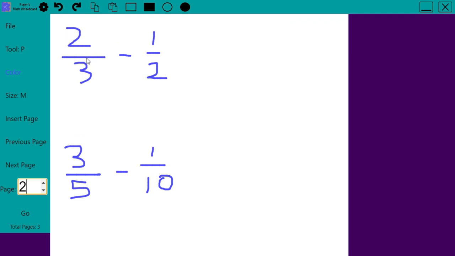Alright, 2/3 minus 1/2. Right off the bat, I know my least common denominator is going to be 6. The reason it's 6 is because 6 is the smallest number that both 2 and 3 fit evenly into. Now we're going to solve.